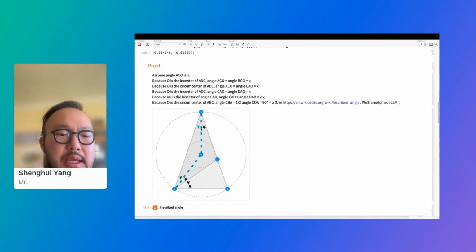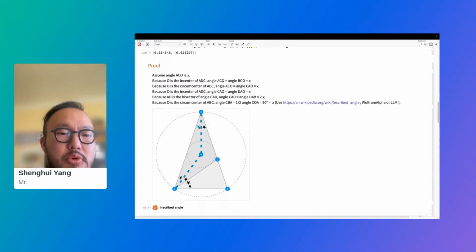I just want to use different colors to mark different angles, but this star means it's the same value as ACO, because it's an angular bisector. And because O is the circumcenter, OC must equal OA. So OCA is an isosceles triangle.